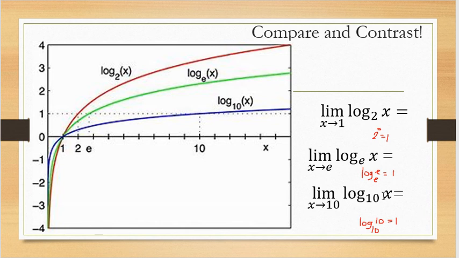Therefore, the answer for this is 1. So all of this, the answer is 1. Okay? Tama ba? That this one, the answer for this is 0, not 1. So, this one is 0, this one is 1, this one is 1.